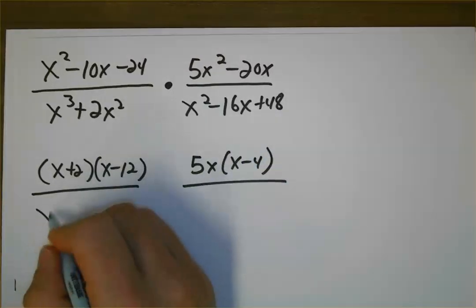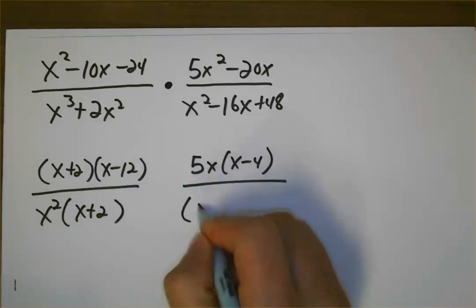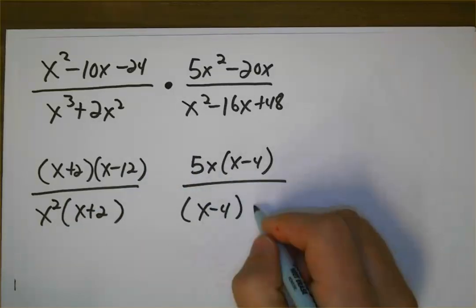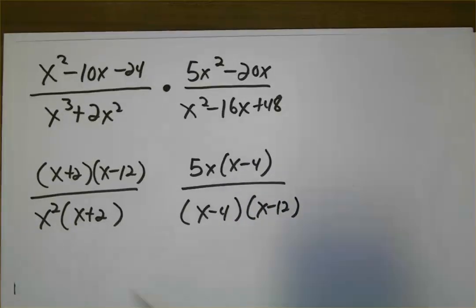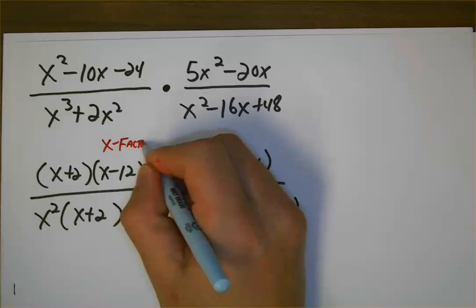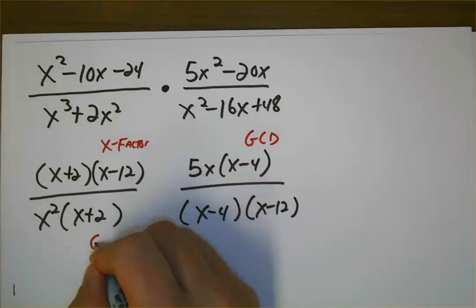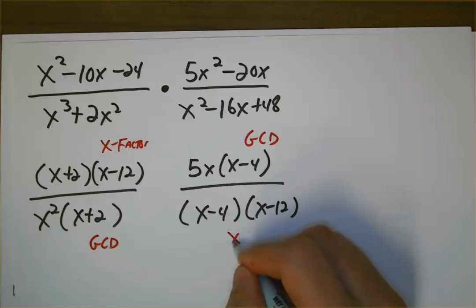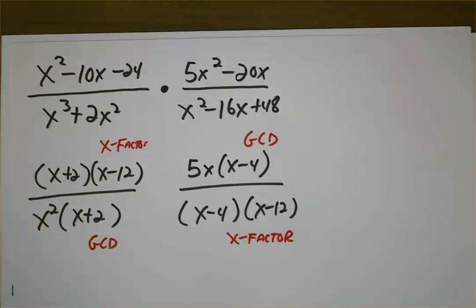Then the denominator is x squared times x plus 2, and this is x minus 4 times x minus 12. What did I do here? This is x factored. I GCF'd here, and I GCF'd here. And I x factored here. I'm assuming you know how to do that already.